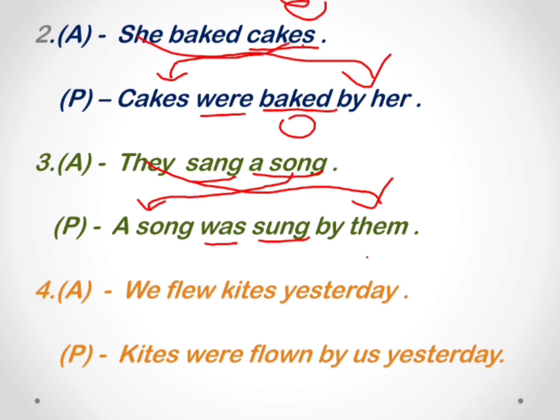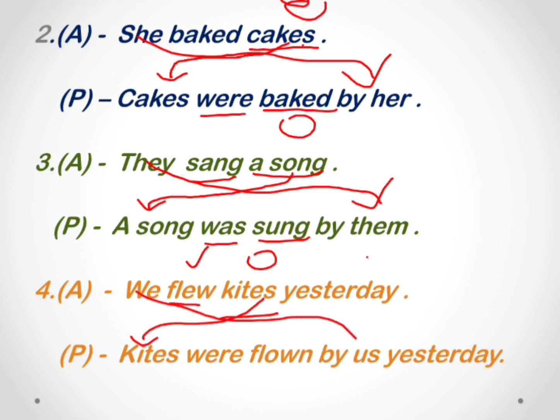Next sentence. We flew kites yesterday. Flew is the verb. Kites is the object and it is in plural form. Yesterday is the adjunct. Place the adjunct wherever it is in the active voice, in the passive voice also. So the kites, the object becomes the subject of the passive voice.